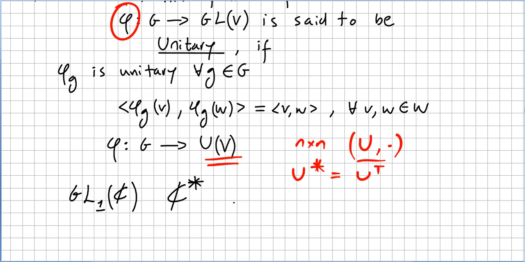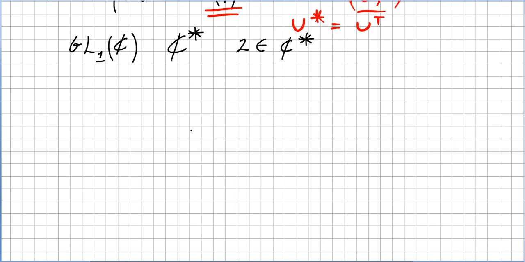So we pick a complex number z. We say that this complex number z is unitary if we look at it as a matrix.